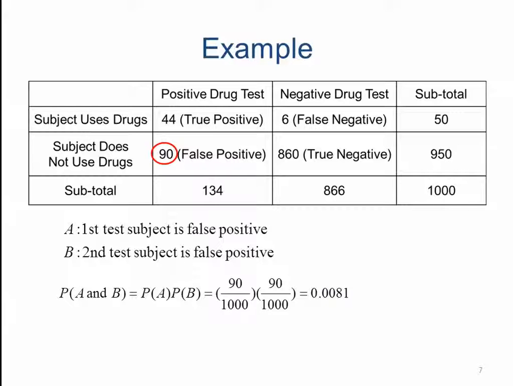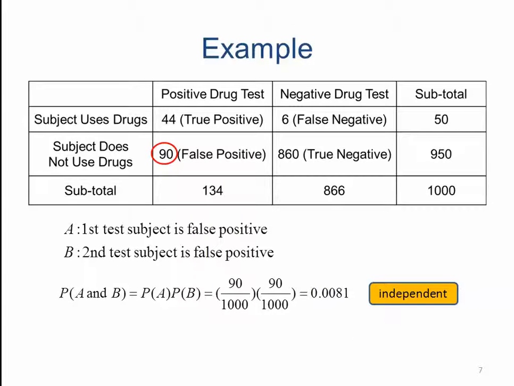When the process is done with replacement, this is how you find their probability. In this case, these 2 trials are independent. The first one selected that is false positive, that's 90 over 1000. And then we go to the whole group again and repeat the same process. So the second test subject is false positive, it's still 90 over 1000.